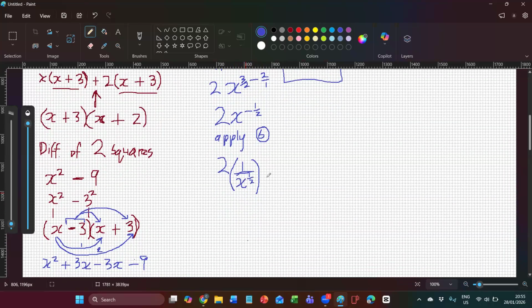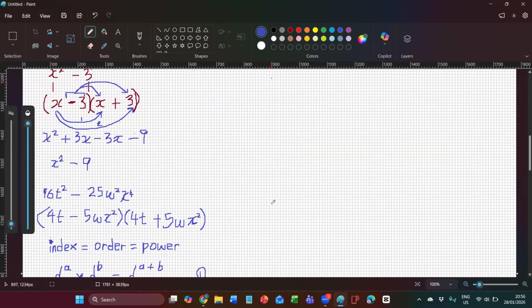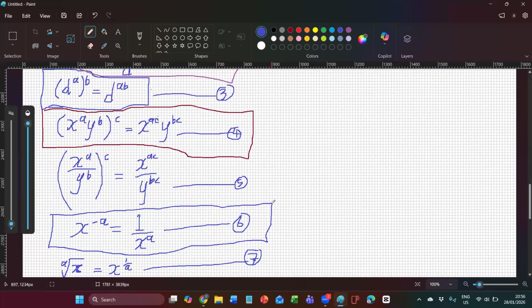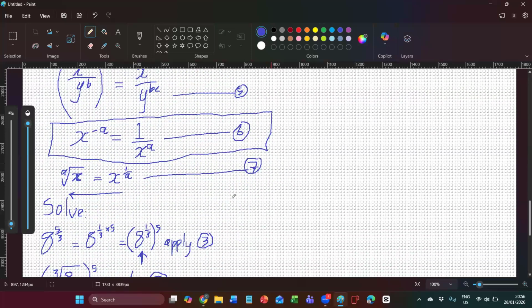Now, if you want to make it look extra special, you can take the 2 and multiply the 1 on top. So it will become 2 over x raised to the power of 1 over 2. Then we can apply law 7.